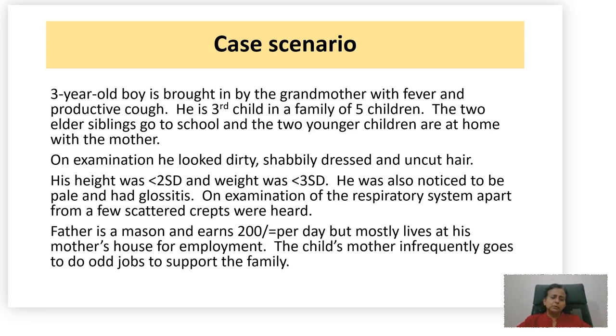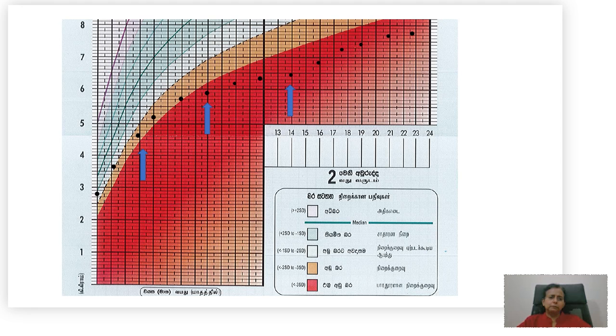So very clearly you can see a poor socio-economic status and large family, growth faltering, and obviously this is a case of neglect. And if you look at the CHDR, you can see there are places where there have been serious problems in the weight of this child.